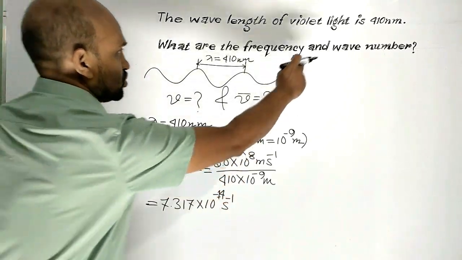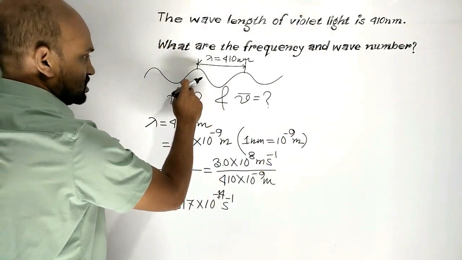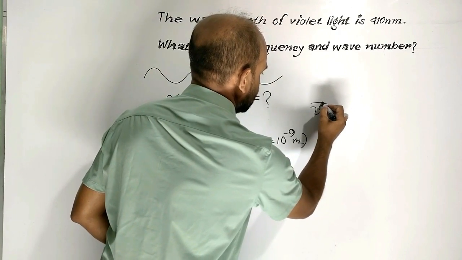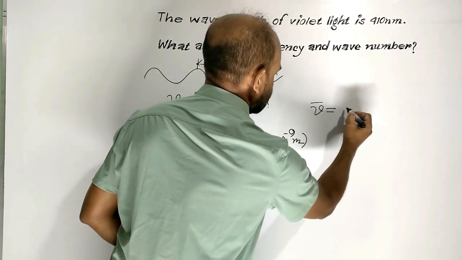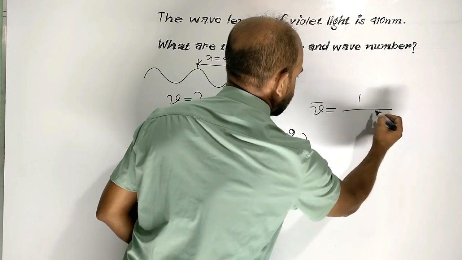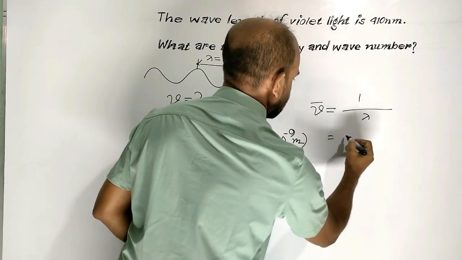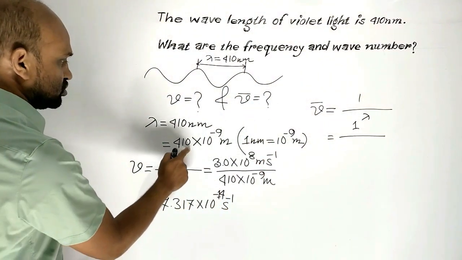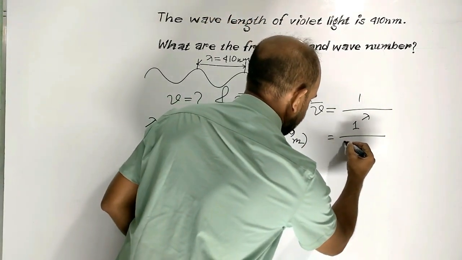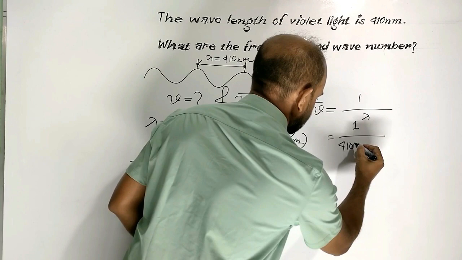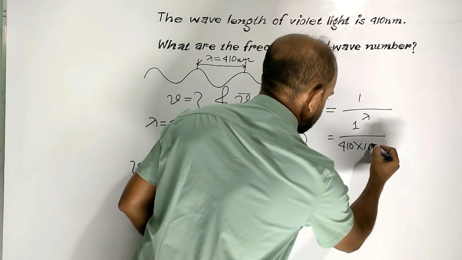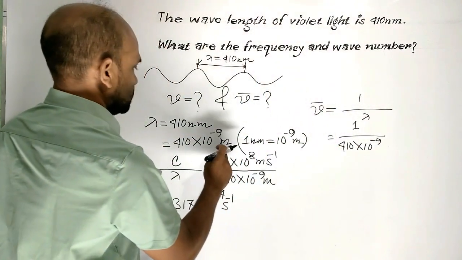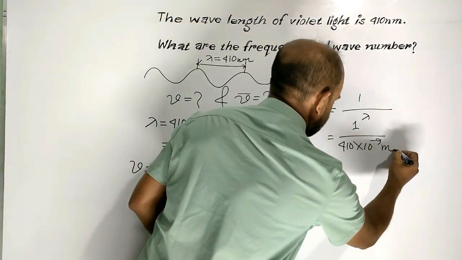Now, wave number of this radiation. We know wave number is nu bar. Nu bar is equal to 1 by lambda. Here 1 by lambda is equal to this, that is 410 times 10 to the power minus 9 meter wavelength.